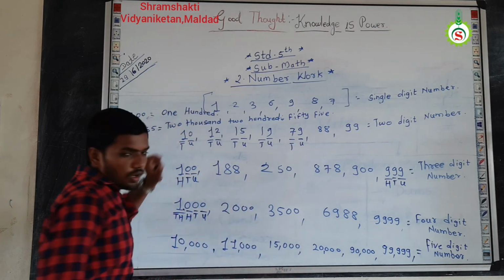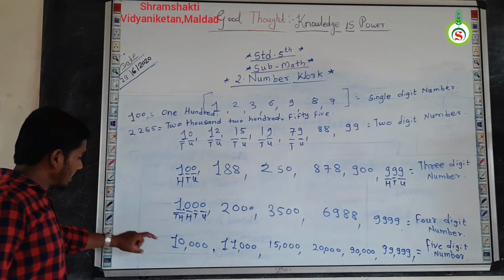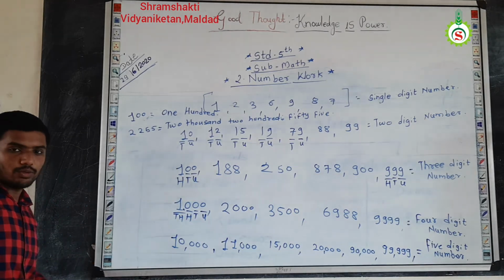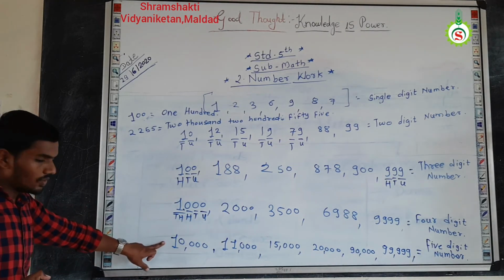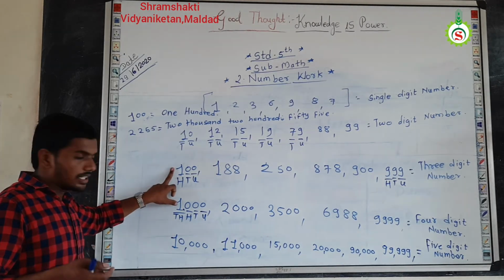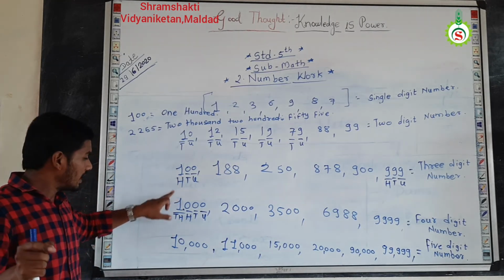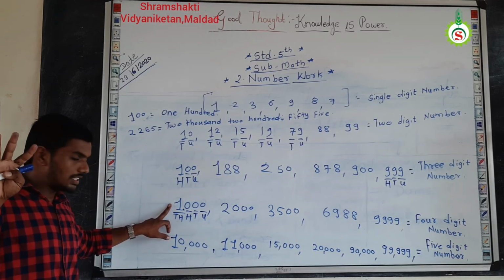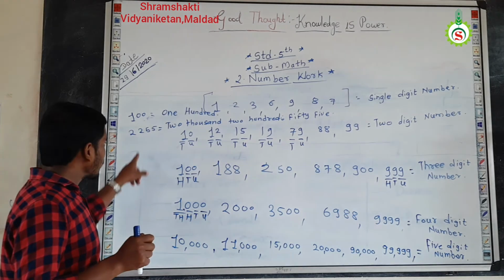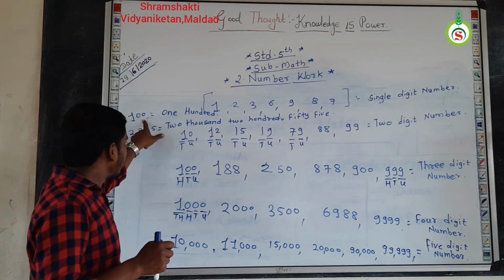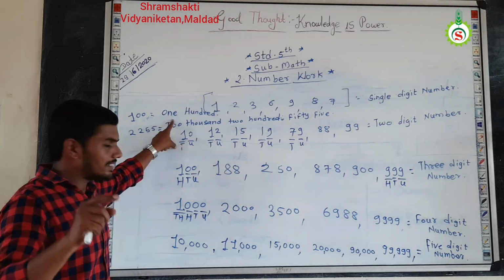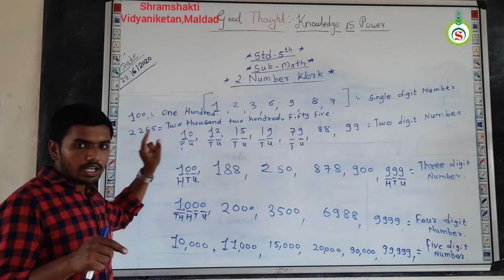I think all of you are able to write the number up to 5 digits. So you have to write 20, 20 and 20. That means 60 numbers, in which 20 numbers are 3 digit numbers, 20 numbers are 4 digit numbers and 20 numbers are 5 digit numbers. And you have to write the number like that, and in front of that you have to write it in words. Okay, that is the homework for today's lecture.